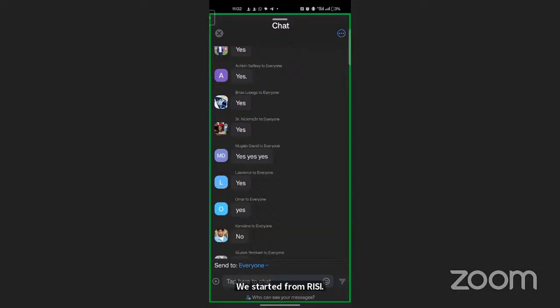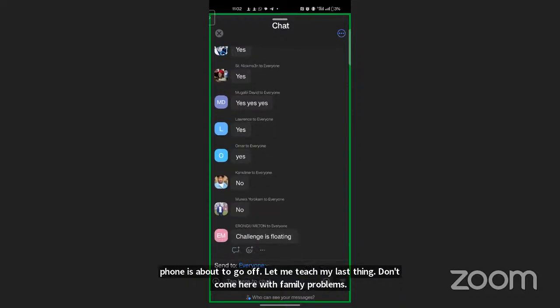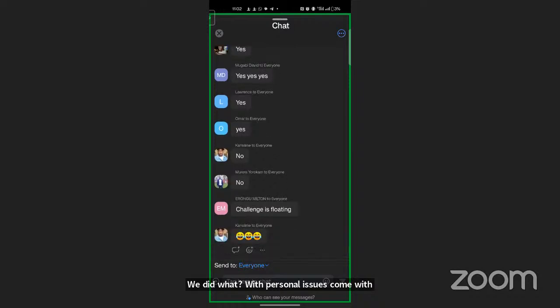Let me teach my last thing, because now make sure when you come in training, you don't come with the family problems. My phone is about to go off. Don't come here with personal issues. Come with an open mind. Because some people come here with family problems. Landlord is on my neck. My children have not gone to school.